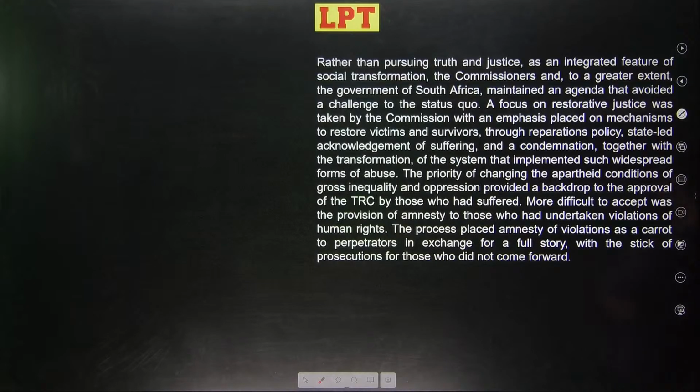Just let me know through the chat box if you are done reading the passage, so that we can quickly discuss the main points of the passage and start solving the questions.